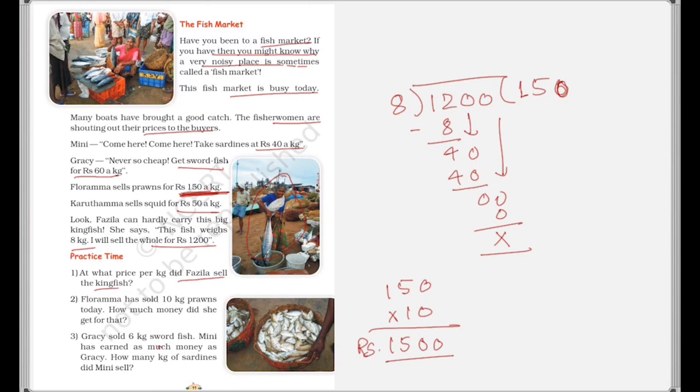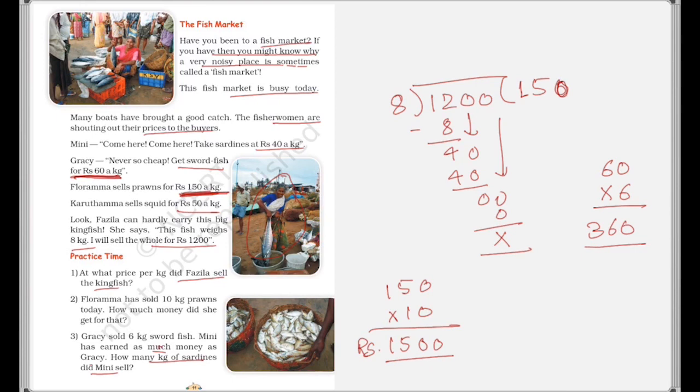Now Gracie sold 6 kg swordfish. Minnie has earned as much as Gracie. How many kgs of sardines did Minnie sell? Gracie sold 6 kg swordfish. The cost of swordfish is rupees 60 a kg. So the total that she earned is rupees 360.